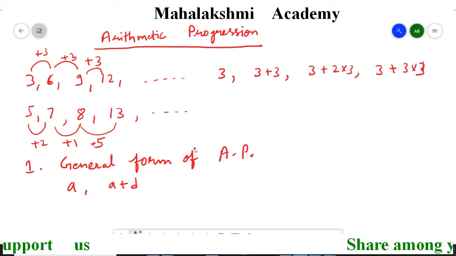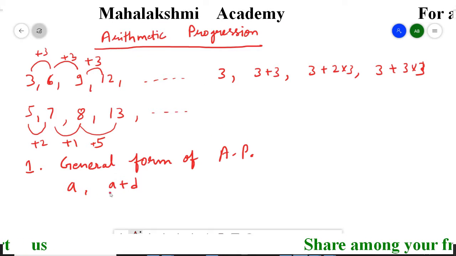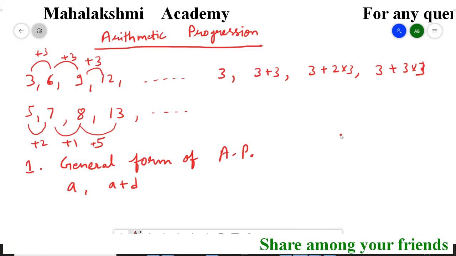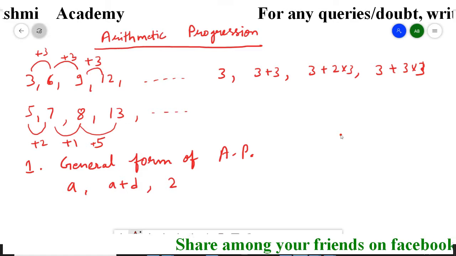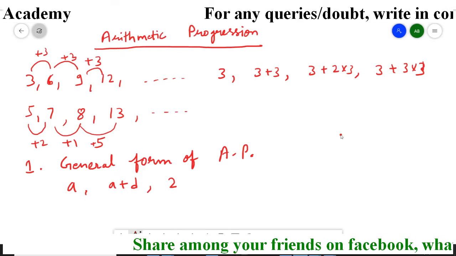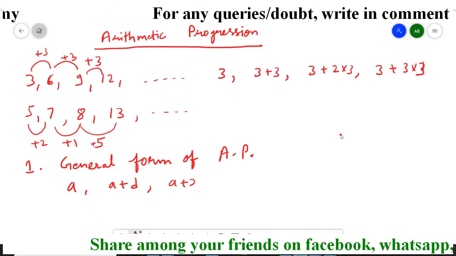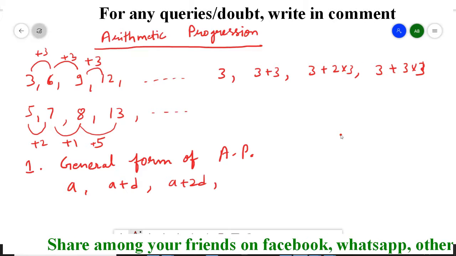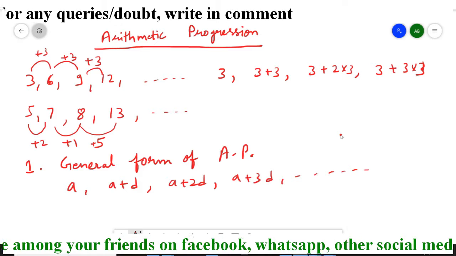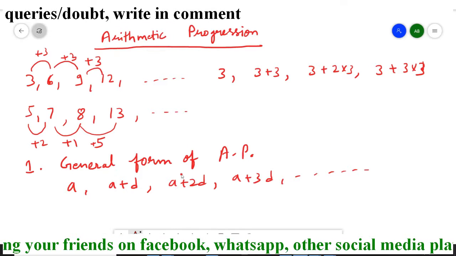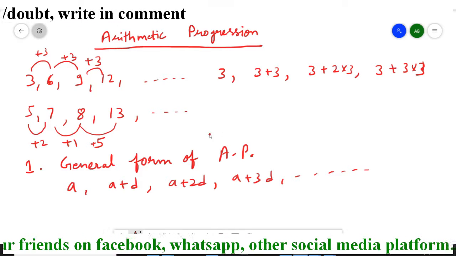So just see what we have done here. The general form is a, then a plus d, then a plus 2d, the next is a plus 3d, and like this it will go. It is nothing new, we are just generalizing it.